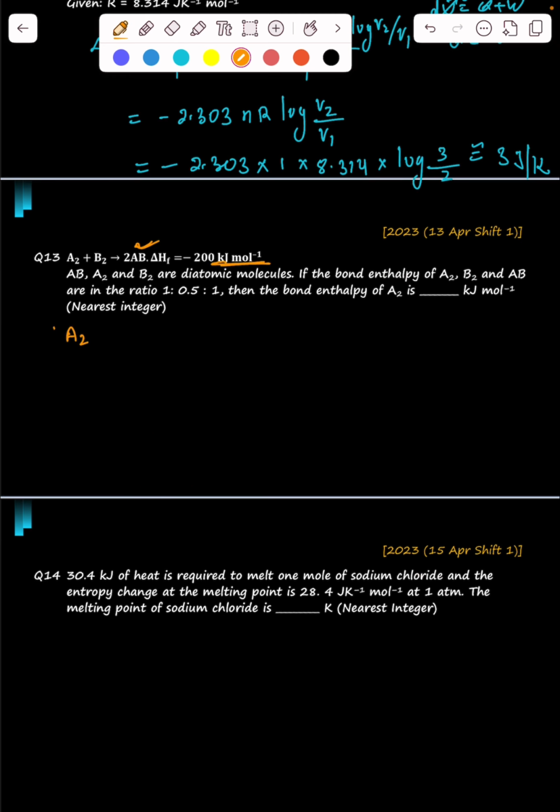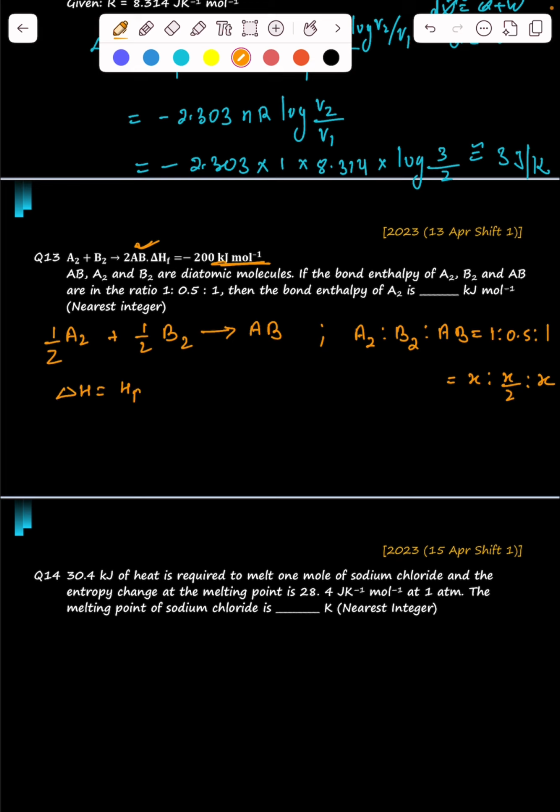2 AB is forming. So we will write first for per mole. That should be equal to AB. Delta H is given 200. So bond energy is given, that is A2, B2 and AB is given 1 is to 0.5 is to 1. So if we are taking X, that should be X by 2. This is also X. So here the delta H would be is equal to HR minus HP when we talk about the bond energy.